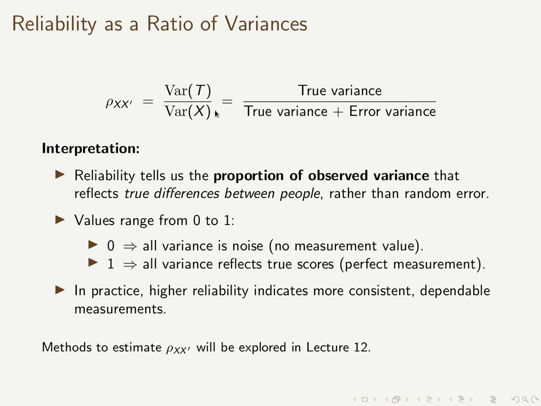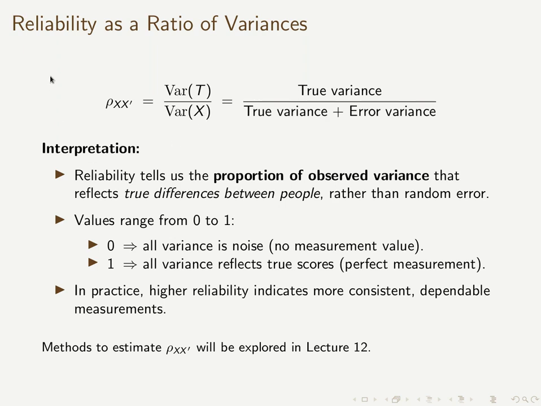In other words, it's a matter of how much of the variability that I find across all my observed scores can I attribute to the differences or the variability in my true scores. So it's a ratio between the true variance and the sum of the true variance and the error variance, which together describe the variability of the observed scores.